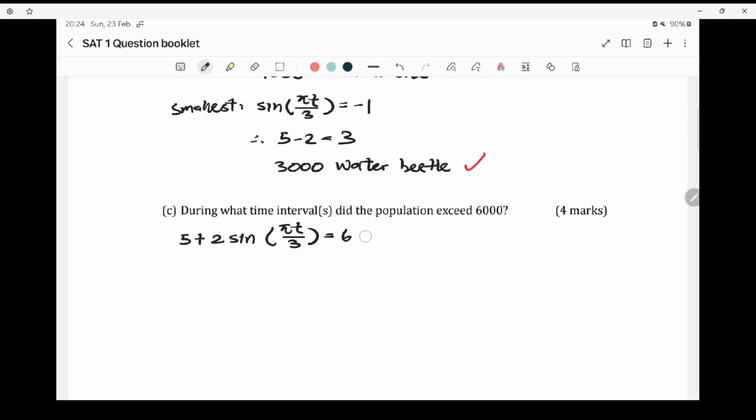So 6. So 2 sine pi t divided by 3 would be 1 over 2.